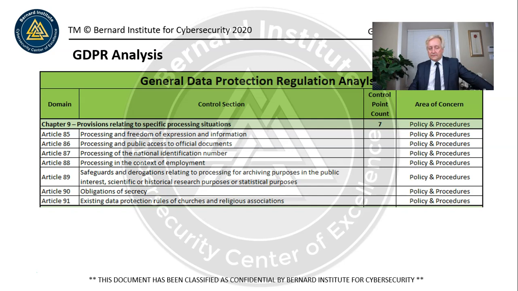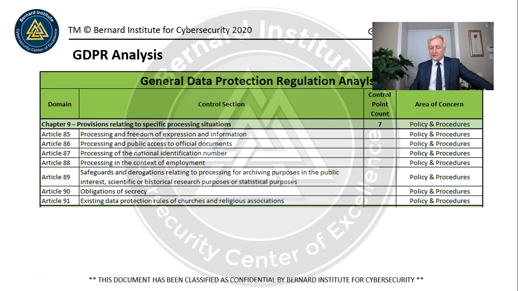Safeguards related to the processing and archiving purposes in the public interest, scientific or historical research purposes, or statistical purposes. Again, policies and procedures. We need to define what this is, who's authorized to make decisions about it, and how do we do it? How do we make this happen?